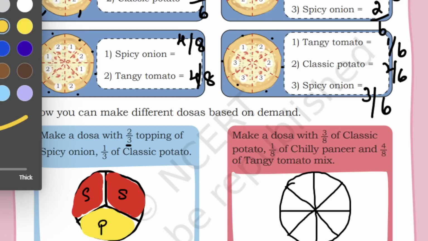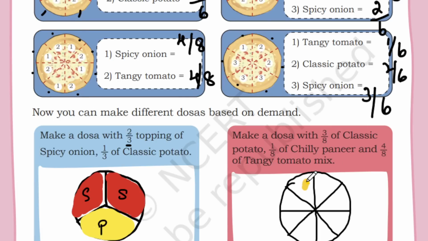Where is the yellow color? So first one, second one, okay, third one, okay.